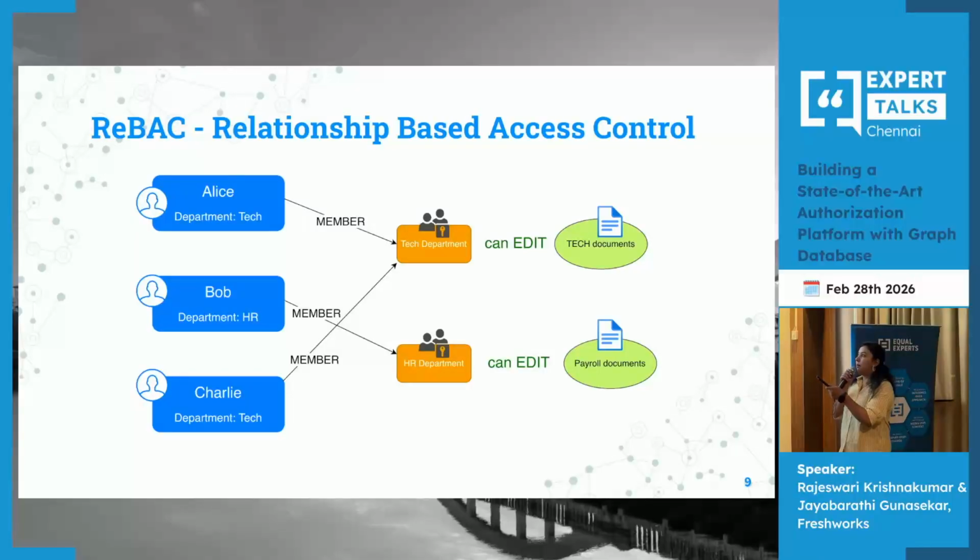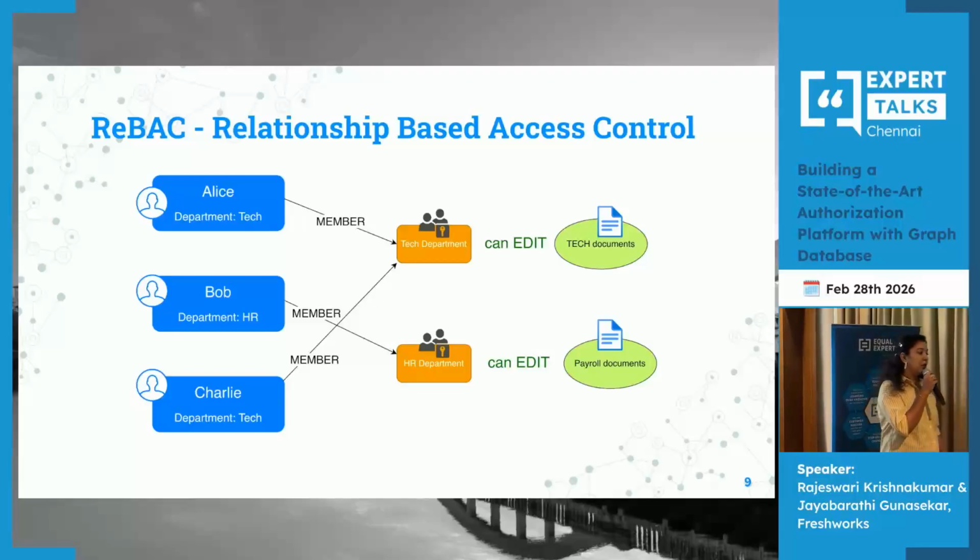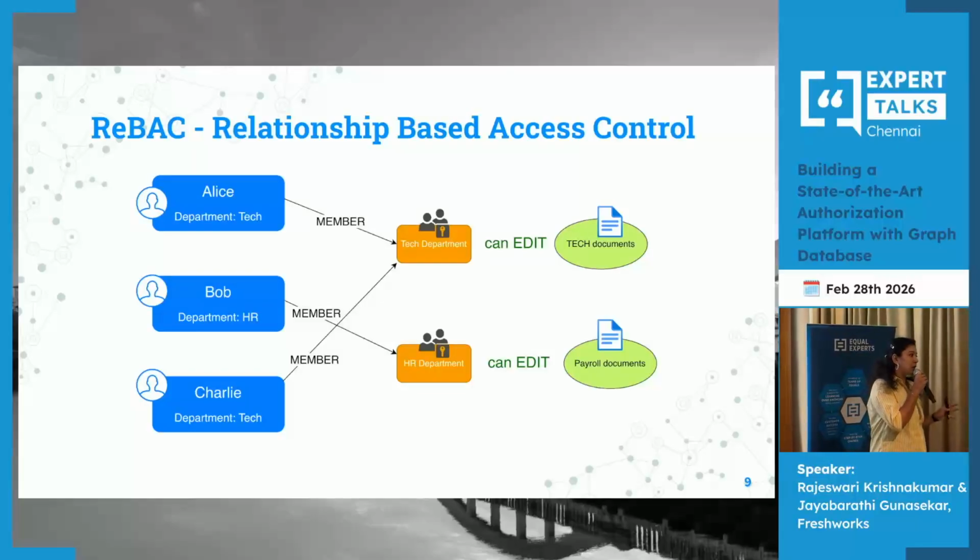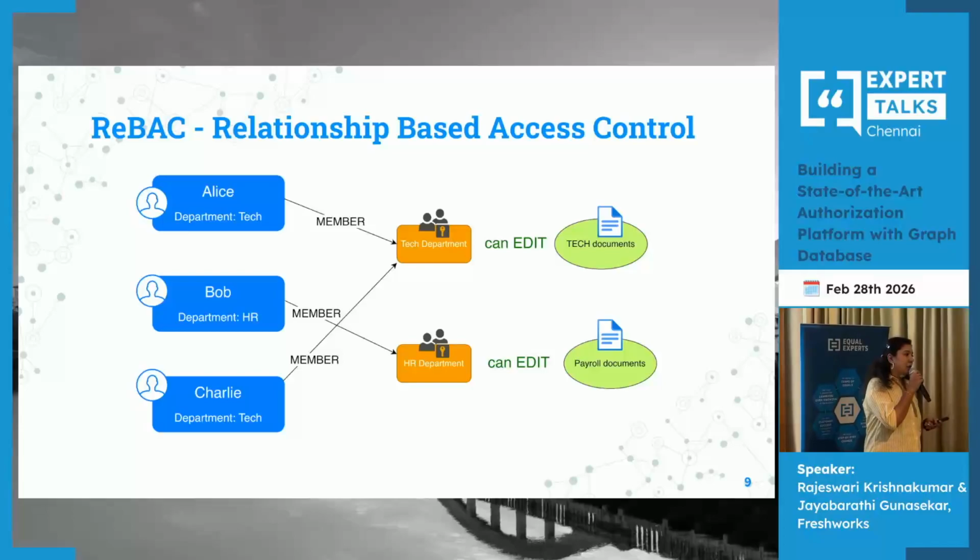But Bob is a member of the HR department. And then we can define rules saying whoever is a member of the tech department can edit the tech documents. Whoever is a member of the HR department can edit the payroll documents. This is relationship based. You try to form a relationship between your entities and then define your access policies based on that.